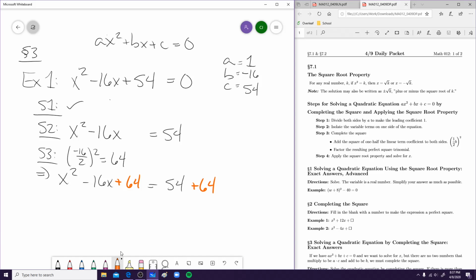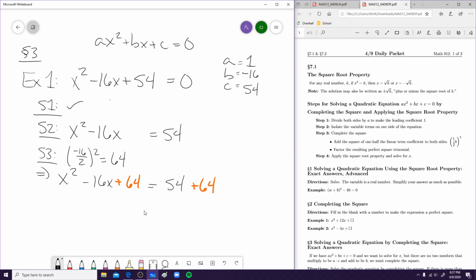Actually, sorry, let me take another step back. Why are we adding 64 to both sides? When you add 64 to one side, it's like a seesaw, like everything we've done before: you do something to one side, you have to balance it out by adding it to the other side.